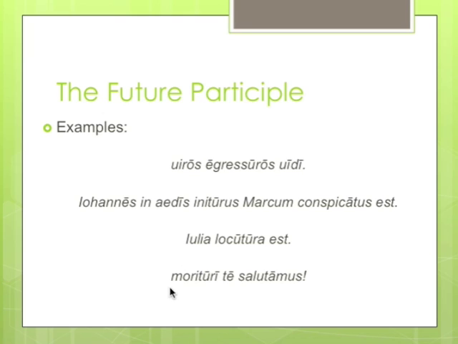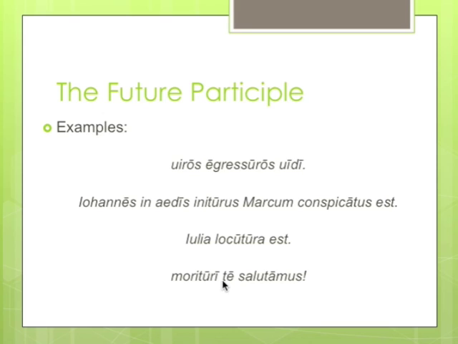I couldn't resist including this famous Latin line. Morituri te salutamus. Salutamus means we greet, and te means you. So this is we greet you. Morituri is the slightly irregular future participle of morior, mori, mortuus sum, to die. So morituri here means going to die or about to die.